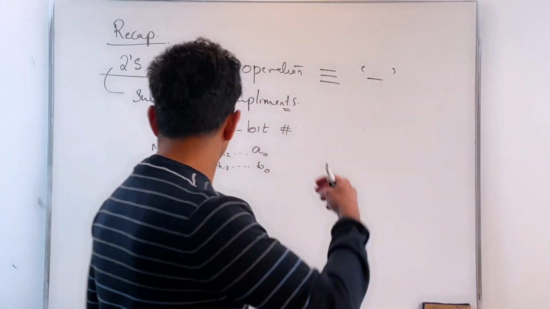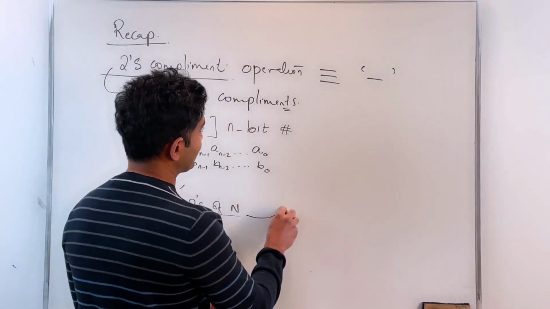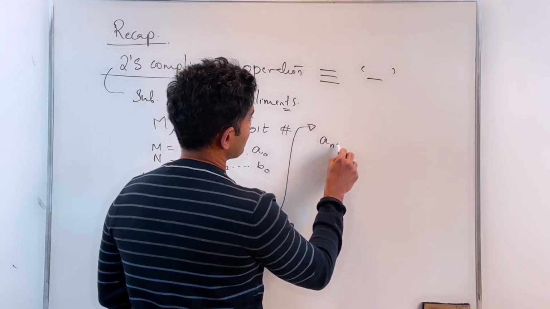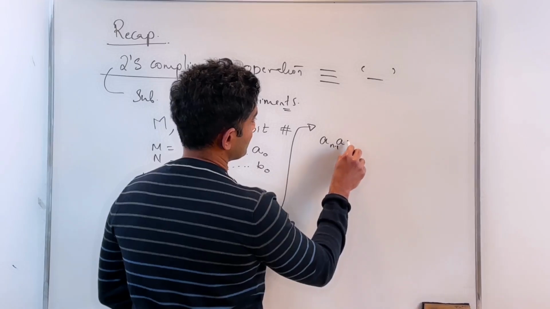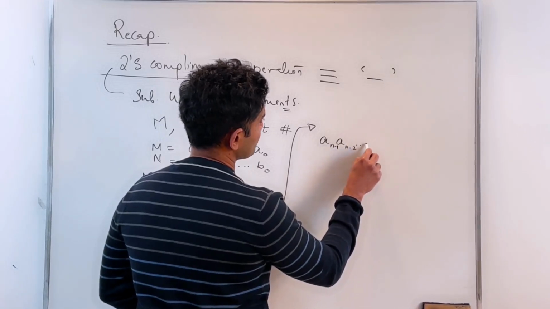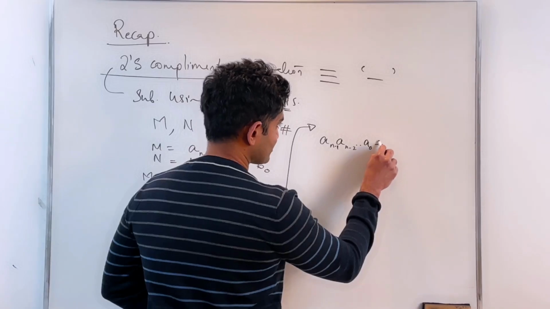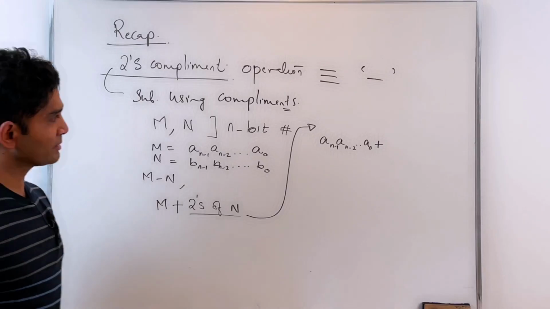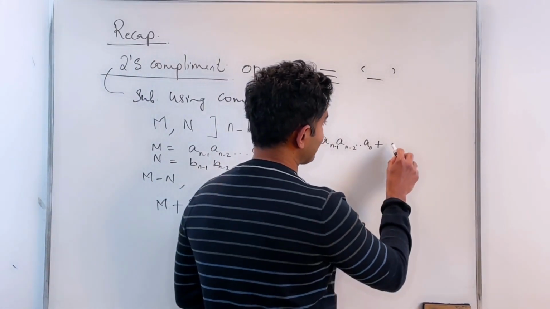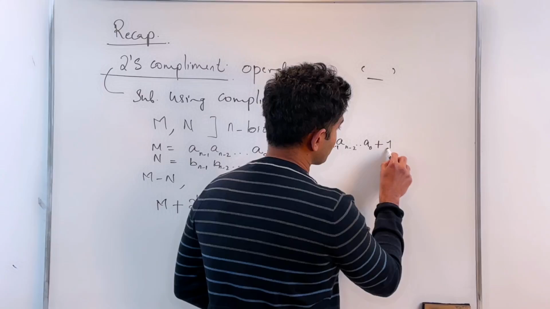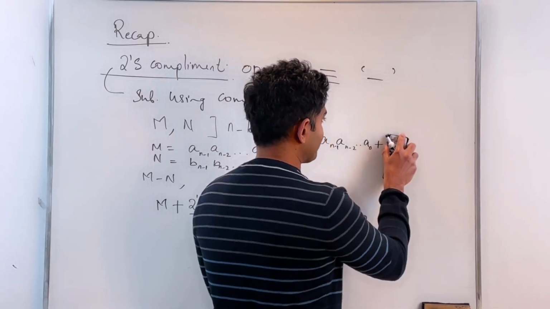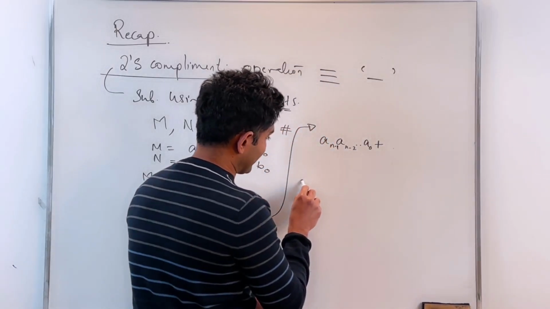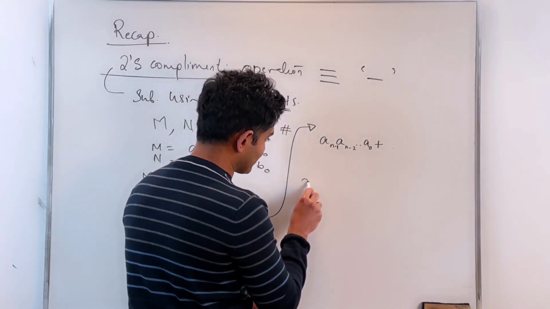All right, so let me put that down in the form of an expression now. My m is a n minus 1, a n minus 2, down to a 0, plus the 2's complement of n. How do I find that? The 2's complement of n is 2 power n minus n. This is very critical, I hope you remember this.